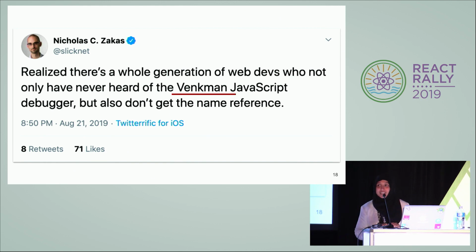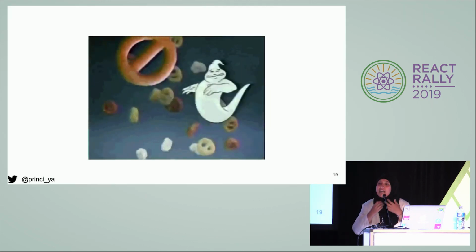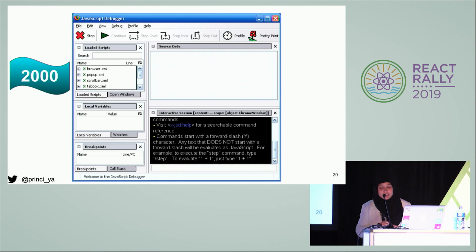Or at least the reference to Venkman? The reference goes back to a character played by Bill Murray in the movies Ghostbusters and Ghostbusters 2. And in 2000, this is how the first debugger looked.